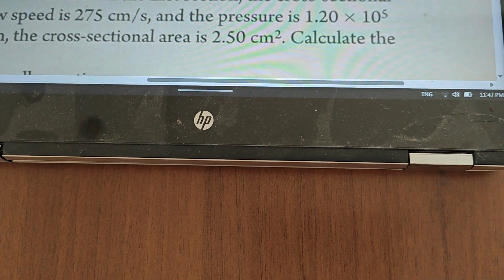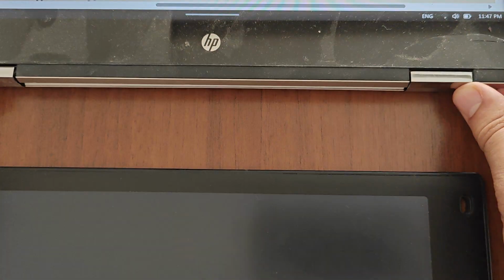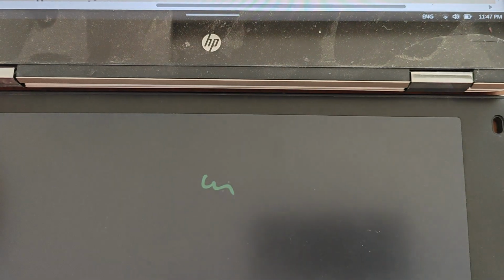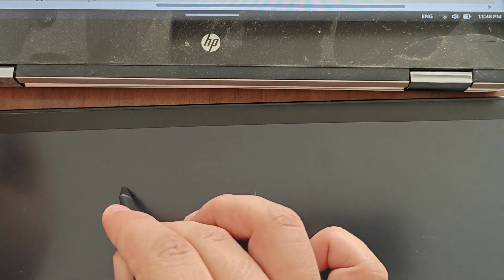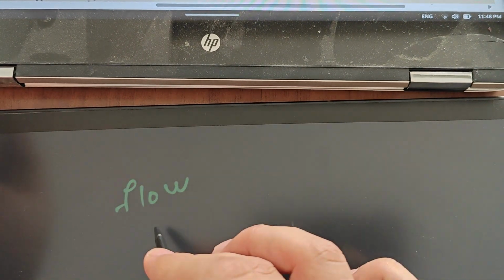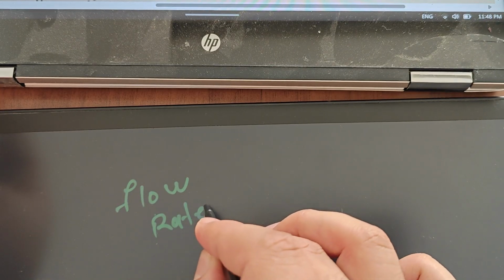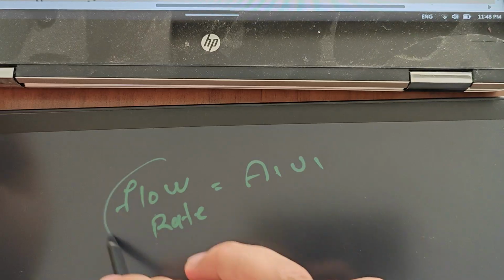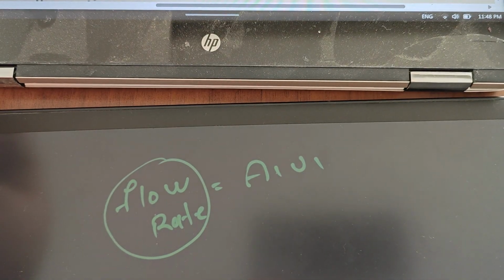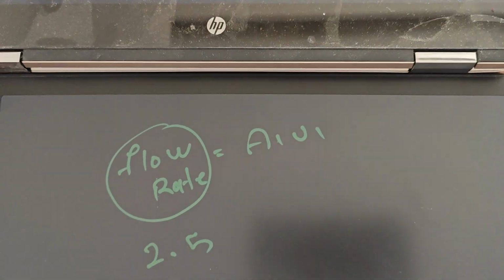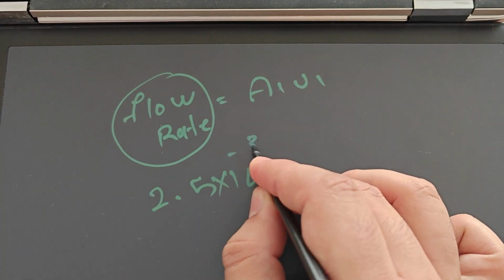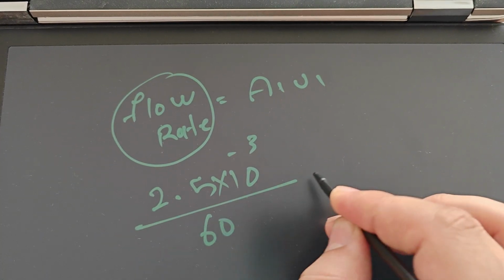Let me do it on this smart board to understand. Look. We have flow rate, which is equal to A1 times V1. We have the value of flow rate, which is 2.5 times 10 to the power negative 3 over 16.